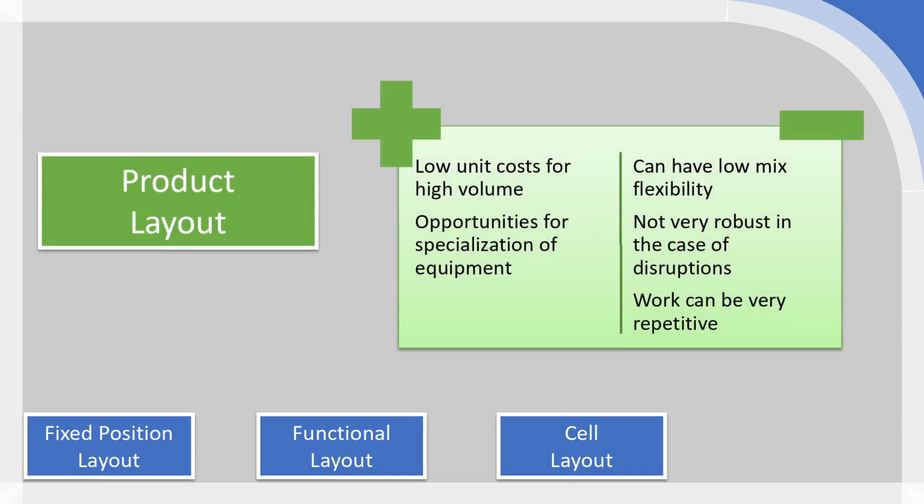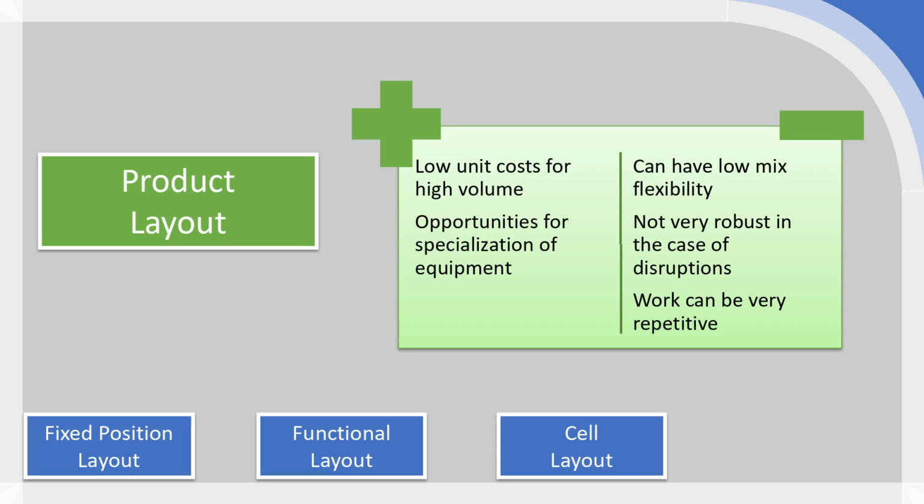It will give us very low unit costs while being able to achieve high volumes. We can have very specialized equipment because the equipment doesn't move. It doesn't need to carry out different types of activities. We have highly specialized single activity equipment that's only used to carry out one unit of work on the items moving through it.